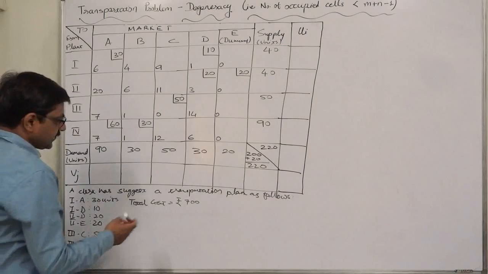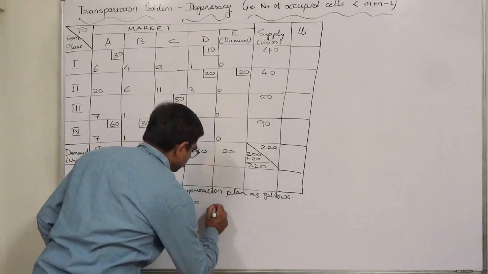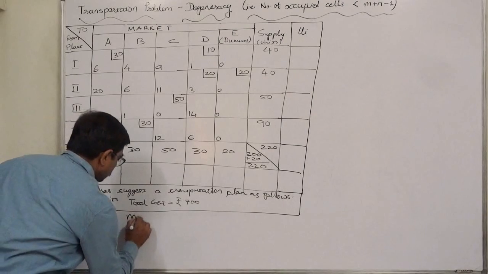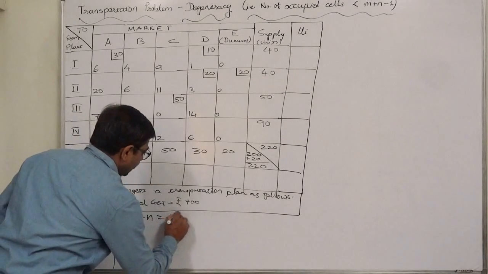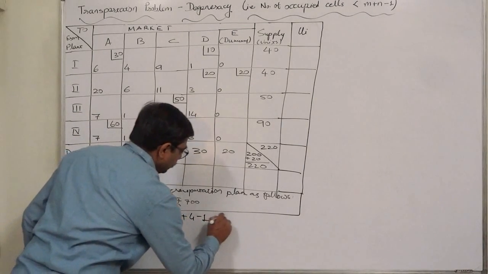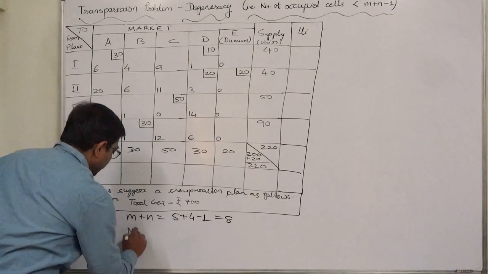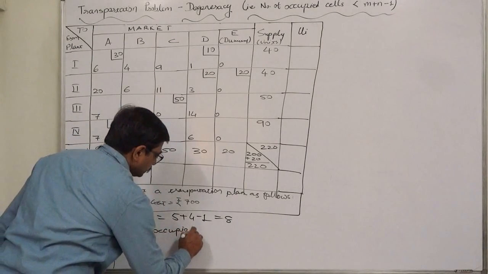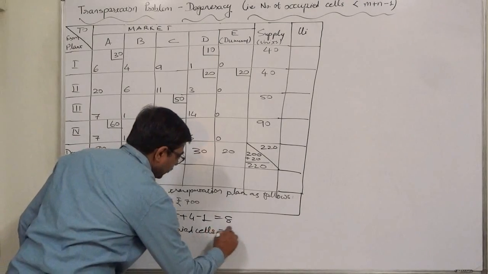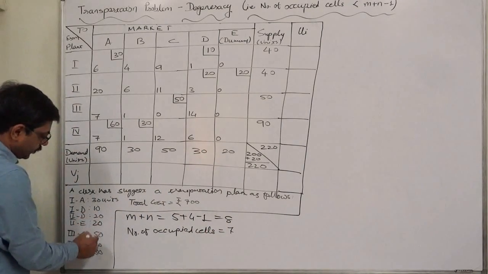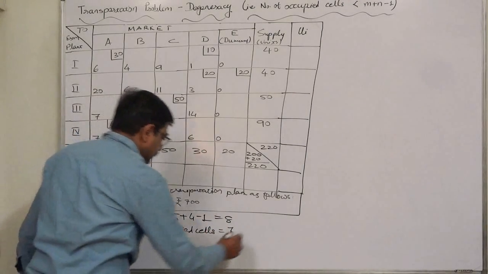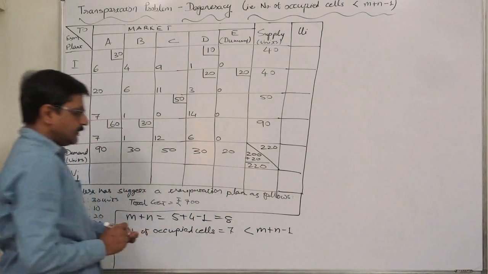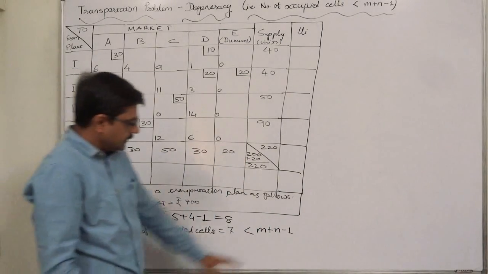Here m plus n minus 1 equals 5 plus 4 minus 1 equals 8. On the other hand, number of occupied cells equals 7. 1, 2, 3, 4, 5, 6, 7. That means it is less than the rim condition.